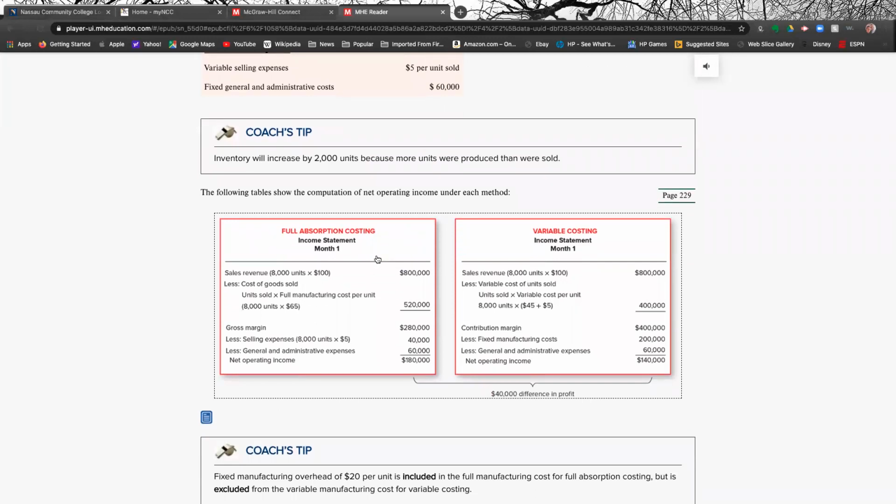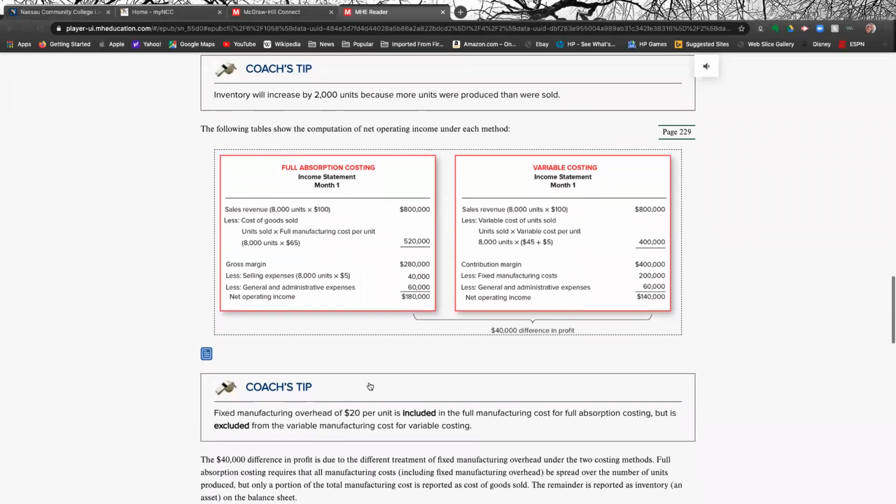Right, for example, full absorption income statement, you know, the normal one, the one we've been used to making since Accounting 101. Net operating income, 180,000. Why is it here only 140,000? Why is there a $40,000 difference?